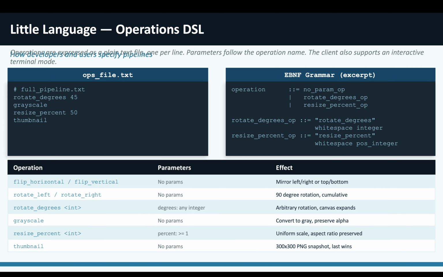I also implemented an interactive terminal mode where you pick operations from the menu instead of writing a file. So I will demo that during the demo. Here we have our operations that you can see here, the parameters that it takes and what the effect of those parameters do on the image.